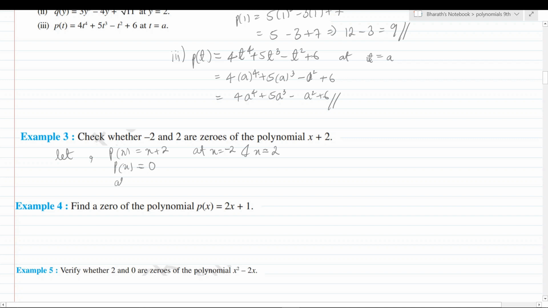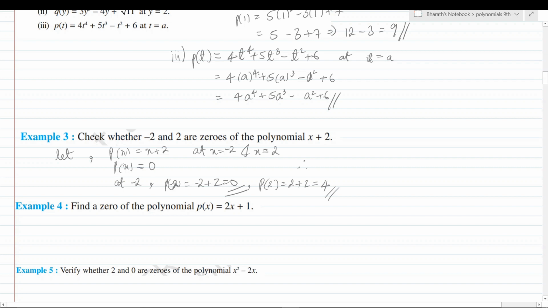So at minus 2 we get p of minus 2 is equal to minus 2 plus 2, which is 0. And p of 2 is 2 plus 2 is equal to 4. So here we got the value as 0 and here it's got value as 4.